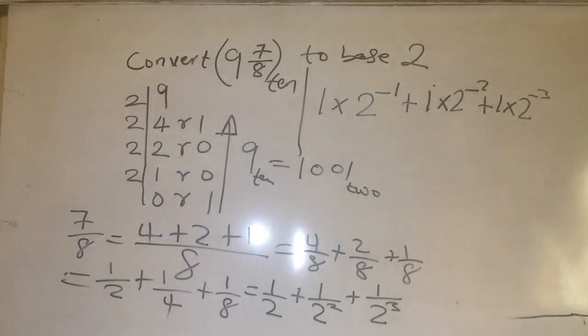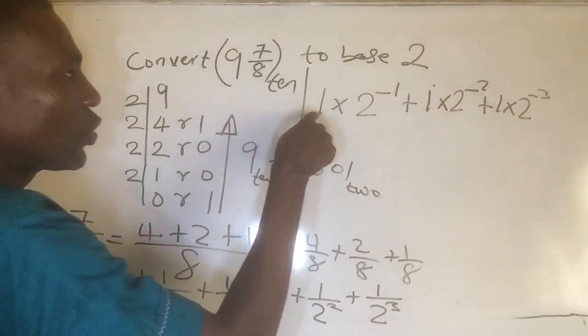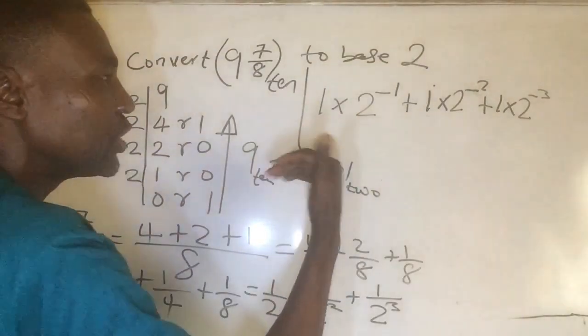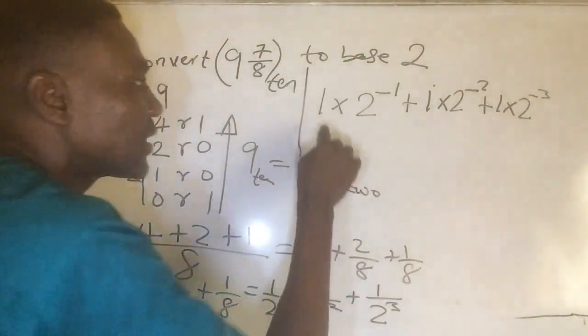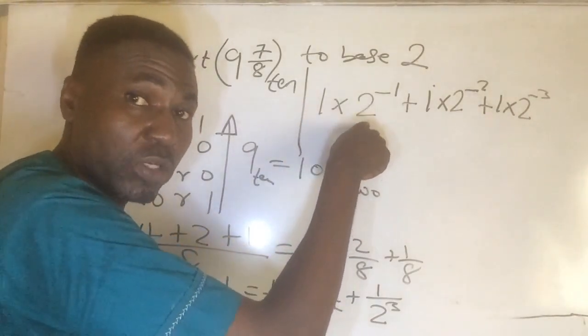So that is what I tried to let you know. Now the answer will be picking the numbers. We pick these numbers, which is 1, 1, 1. Forget the rest, this thing is in base 2 we're talking about.